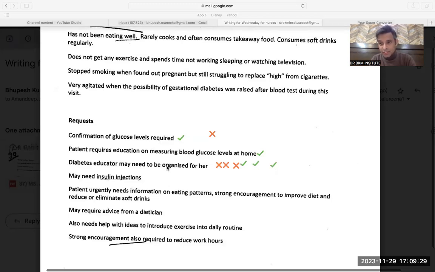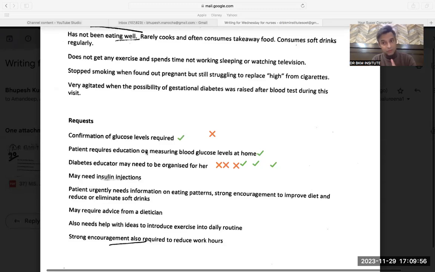When you are confused, try to write it at the end. Please arrange a diabetes educator for her. Please note it is important to arrange a diabetes educator as she may need it. So we can write this point later on. Confirmation of glucose can be done by the diabetes specialist. Very important point.